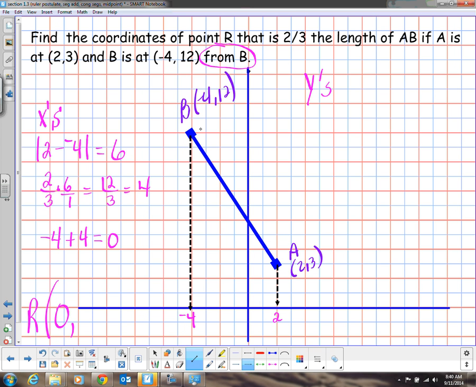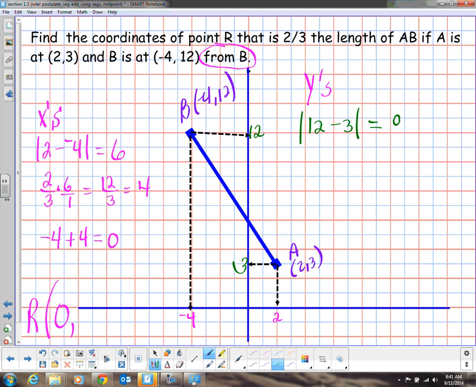So now we're going to do the same thing for the y's. What is this y value? This y value is 3, and this y value is 2, 4, 6, 8, 10, 12. So now I'm working this way. How do I find the length? 3 minus 12, or 12 minus 3.